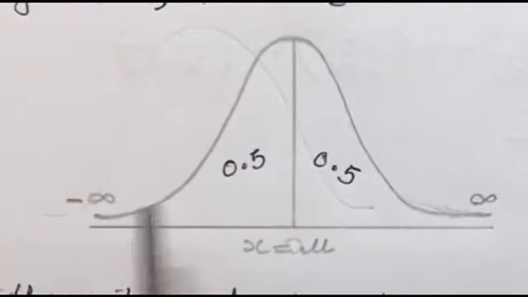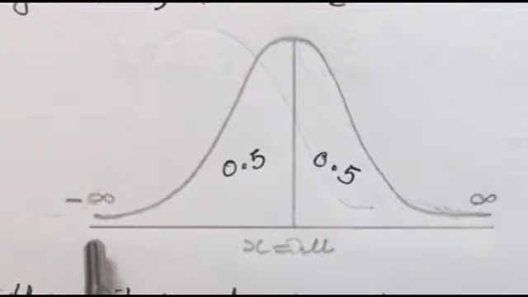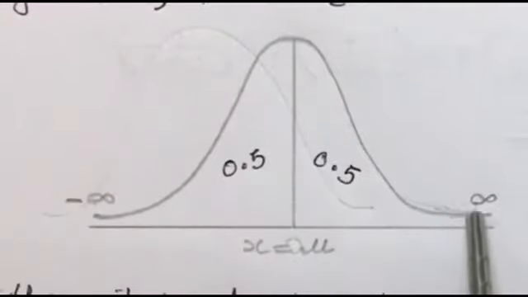Now as per both the ends, the graph is not touching the x-axis. So minus infinity to infinity is written as the limitation of x.